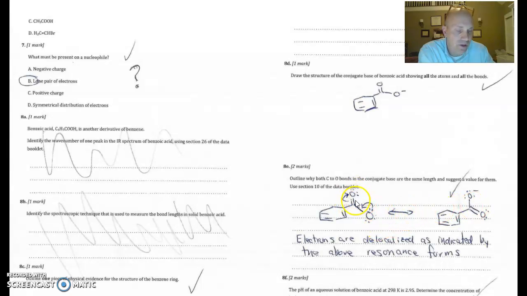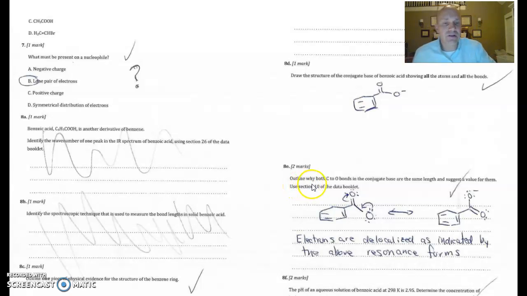That shows that there's an electron pair that's basically smeared between these three atoms. Another way of saying that is that they are delocalized. So you could say that the electrons are delocalized as indicated by the above resonance forms. One thing I failed to mention is to suggest a value for those.